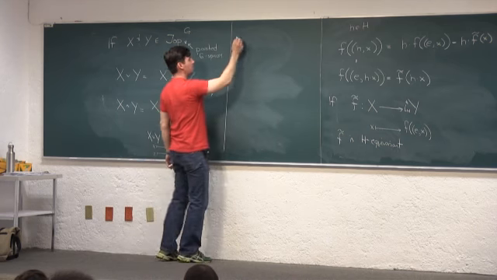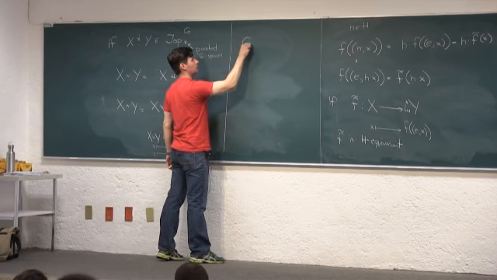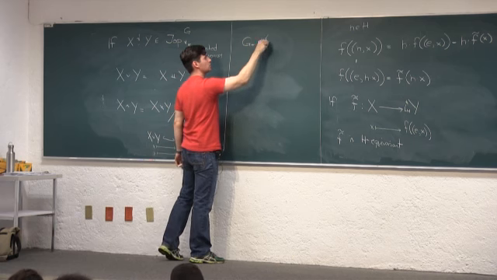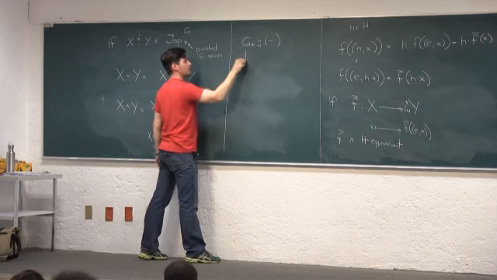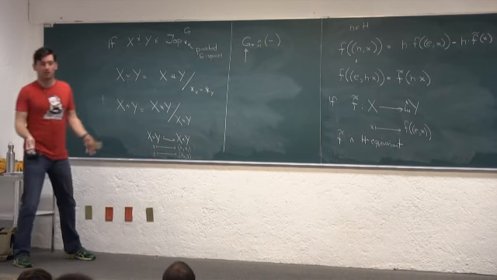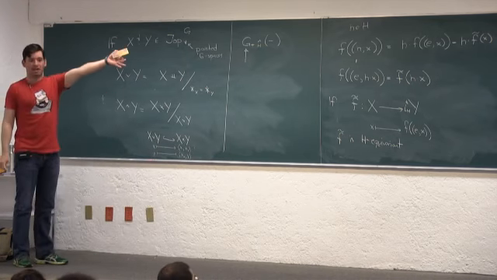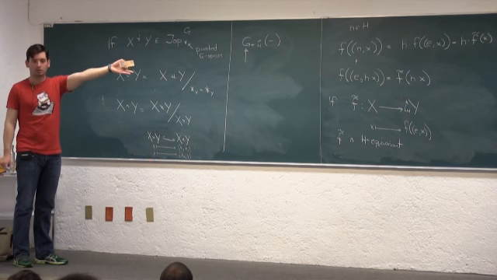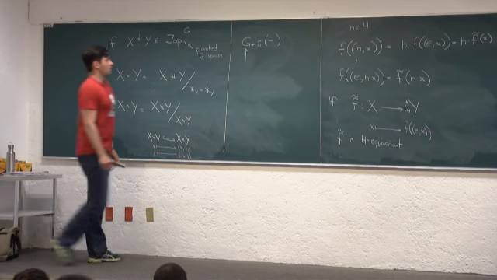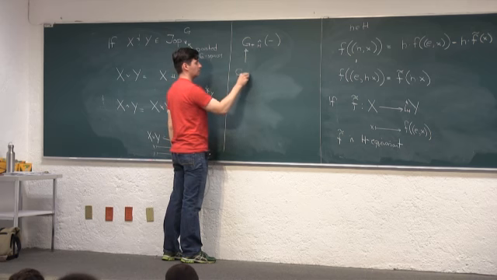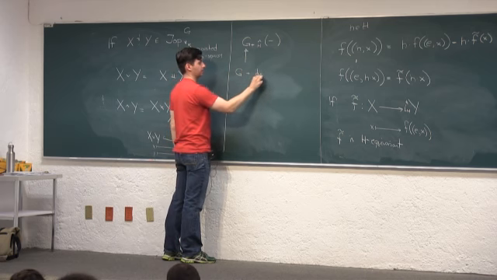And so now my pointed induction is just G plus smash over H, where G itself obviously isn't pointed. I asked that my base point be fixed, and every non-identity element of the group moves every other element of the group. So G plus is just G plus a disjoint base point.